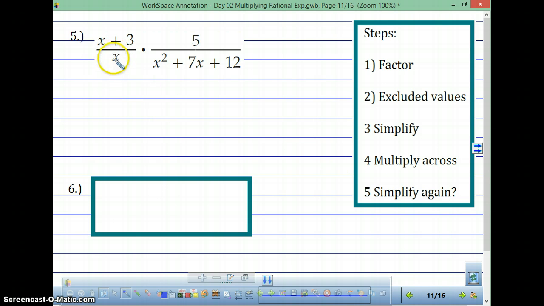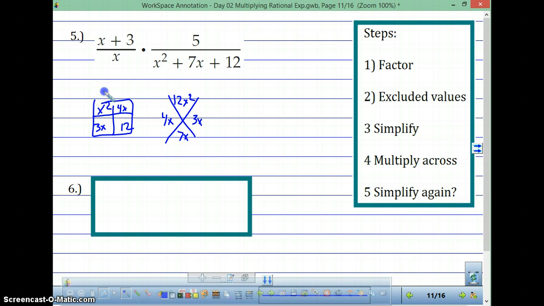All right, let's try this one. Number 5. What can we simplify? Oh, we can't factor either of these or this. We've got to factor this. So let's start with a box. I'm going to put my x squared in and my 12 in. I've got to split that 7x. 7x goes here. 12x squared goes here. Let's put 4x and 3x in.